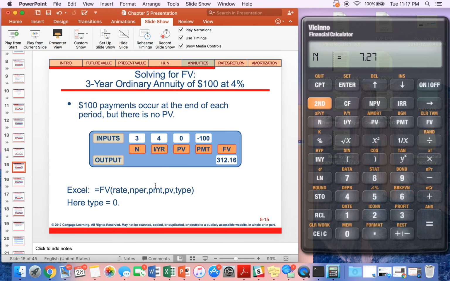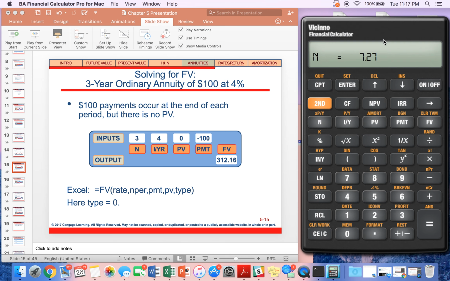So slide 15 here. Let's calculate an annuity. It says find the future value for a 3-year ordinary annuity of $100 at 4%. I'm going to stop right there and show you another function on your calculator. When I started, remember I told you up here in the right hand corner on your calculator, I want you to make sure that there's no designation or function up there.